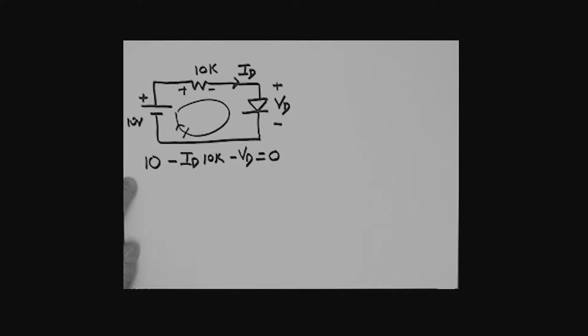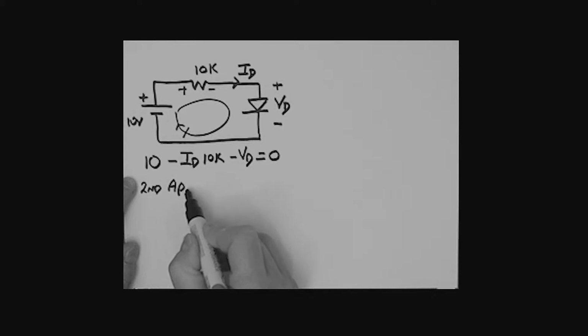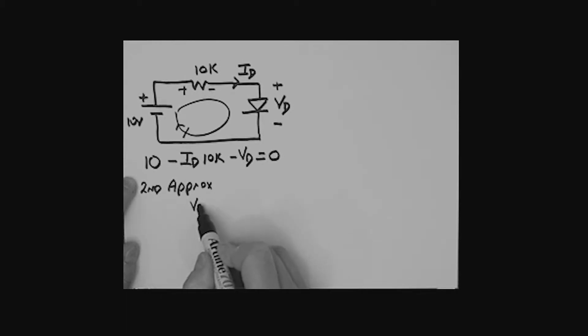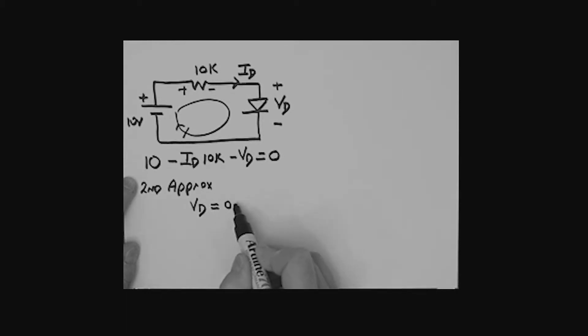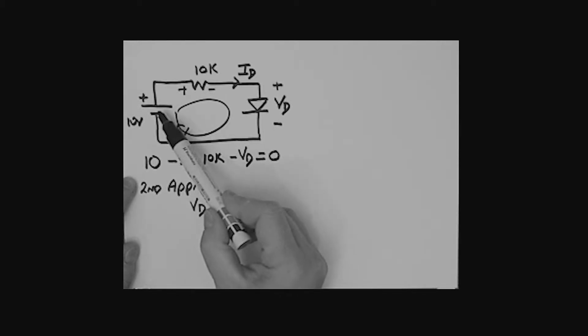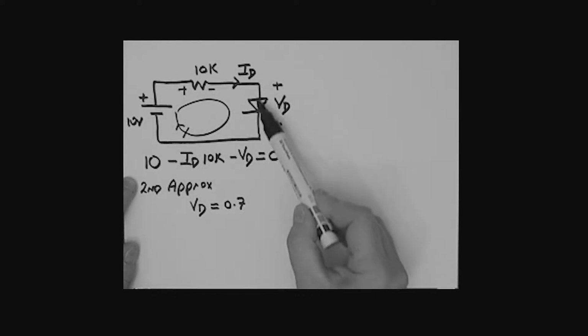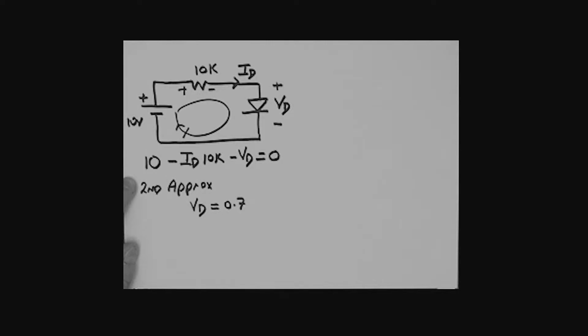Now since we're using the second approximation, and we'll assume here it's a silicon diode, the voltage VD is equal to 0.7 once the diode is conducting. And of course, this voltage source is in such a direction as to put that diode into forward bias mode and therefore conducting. So we'll put this 0.7 into our loop equation and start collecting our terms together.